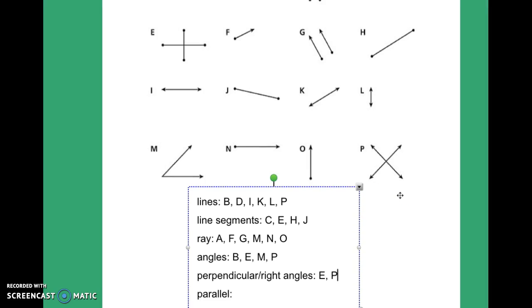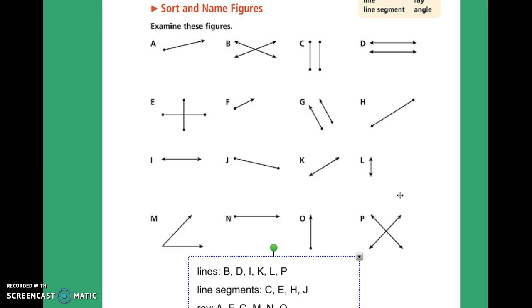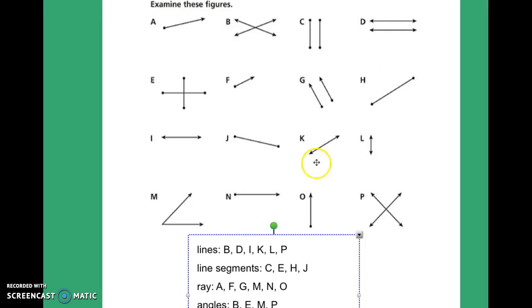All right, the last thing I'm going to have you look for is parallel lines. So remember, these are lines that will never meet as they continue. So the first example that I see is D, because they'll never meet and they go on forever. Oops, I skipped one. So I picked D, but there's another one that I might have skipped. So go ahead and see if you can find the other parallel lines in these sets.